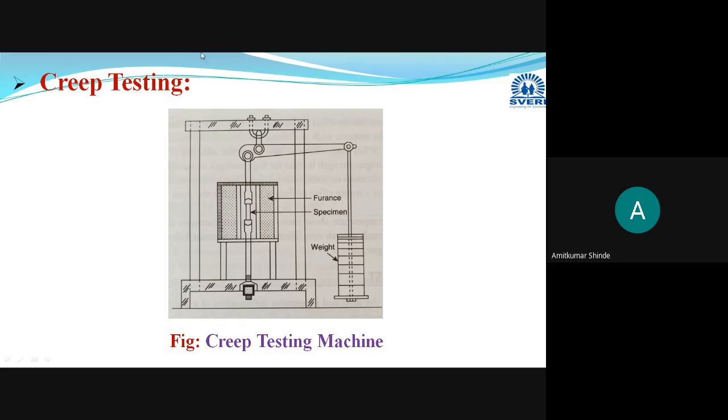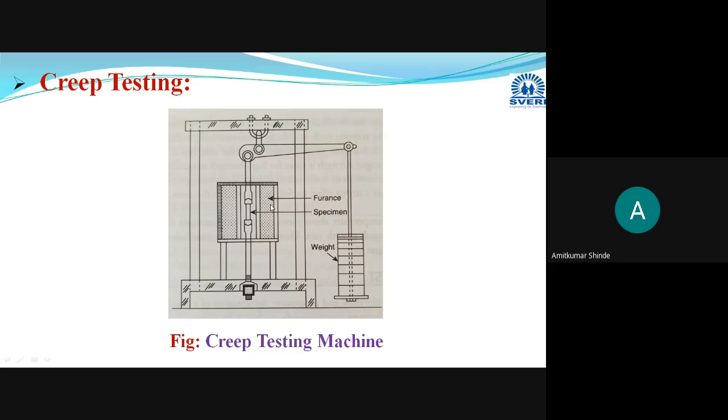This temperature will be kept constant with the help of a furnace, and the stress will be kept constant by applying a constant load. Here weight is applied on the specimen. With the help of the furnace we maintain a constant temperature, and with the help of this load we maintain a constant stress value.